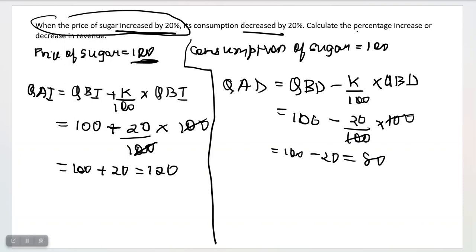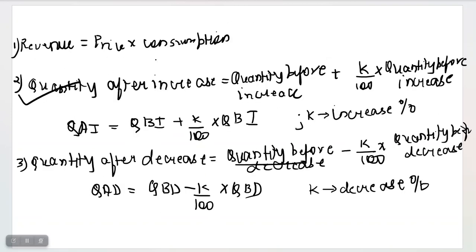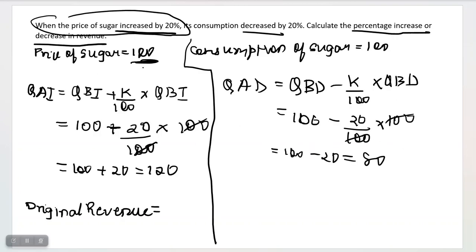Next, I have to find out the percentage increase or decrease in revenue. We'll first find out the original revenue. As we saw here, revenue is nothing but price into consumption. So therefore, your original revenue will be the original price into original consumption.